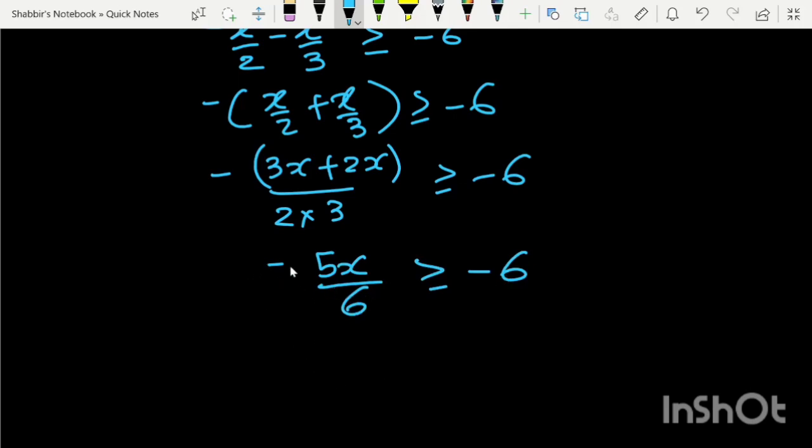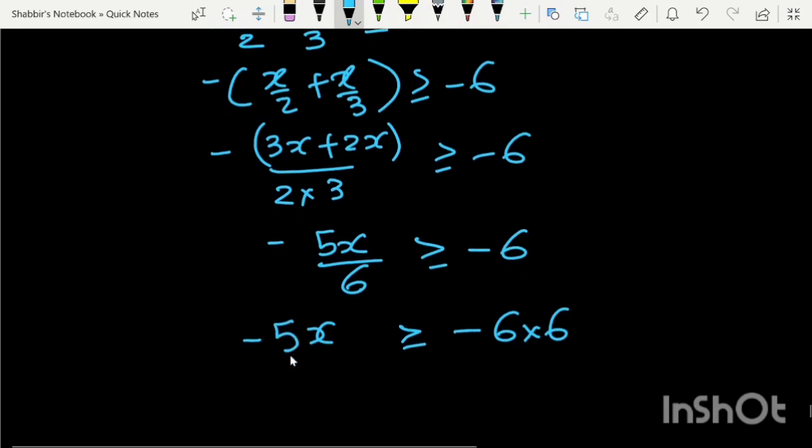Now don't try to cancel minus sign. Now if you want to cancel minus sign, then you have to change sign, okay, or else you can cross multiply it like this. Cross multiplying minus 6, plus 6, which is in the denominator, to this side, it won't change the inequality, minus 5x.